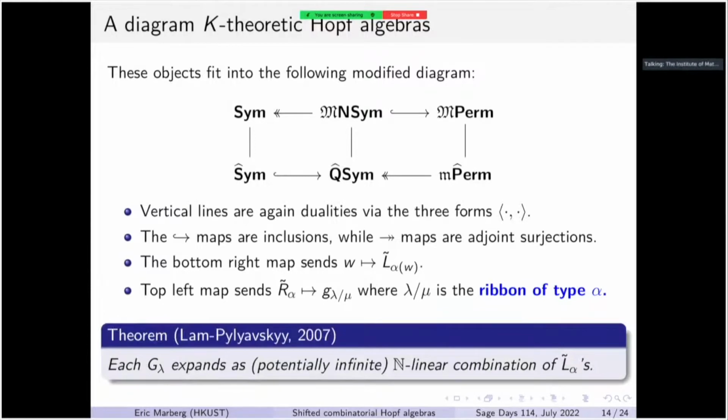And then there's this theorem of Lam and Pylyavskyy that says each of these stable Grothendieck polynomials G lambda expands in a natural positive way in terms of these L alpha tildes. So all of this is generalizing slightly the classical picture, but in fact, most of the algebras here are the same as the ones before.